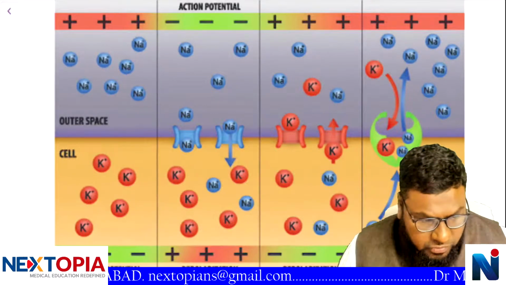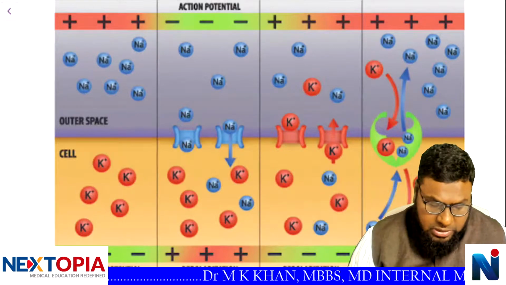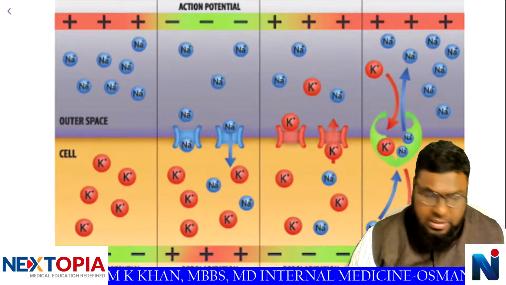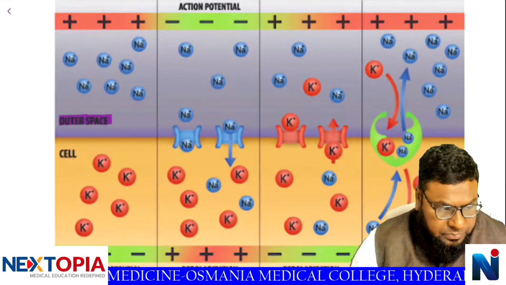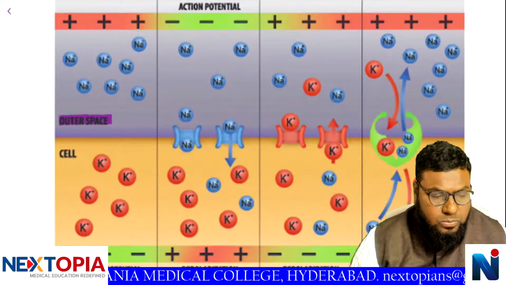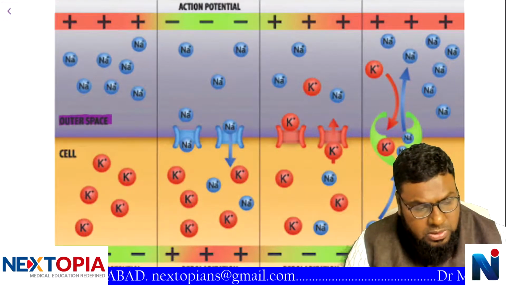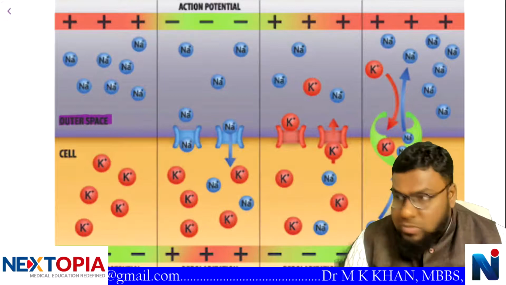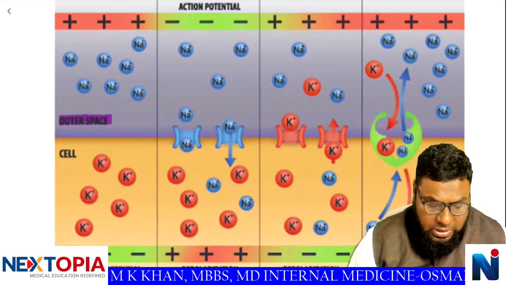So if you understand the resting membrane potential from my last class, the upper aspect of the diagram here represents the outer space. Here the yellow color one is the cell.